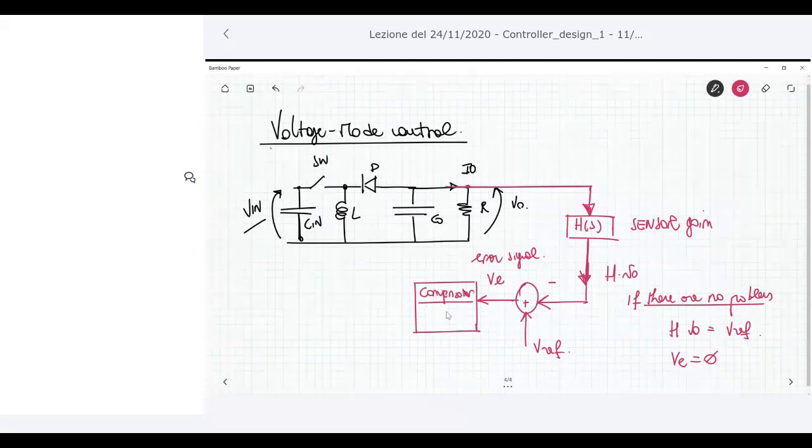The compensator is the specific circuit we have to design, in order to make it possible for the system to recover its stable situation when you have some disturbances, and at the same time to get this kind of action in a way that the system remains stable without too many oscillations, overvoltages, etc.